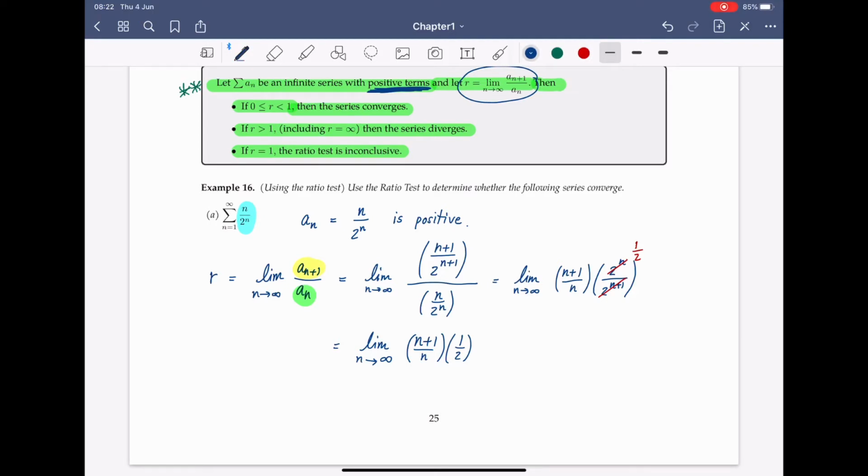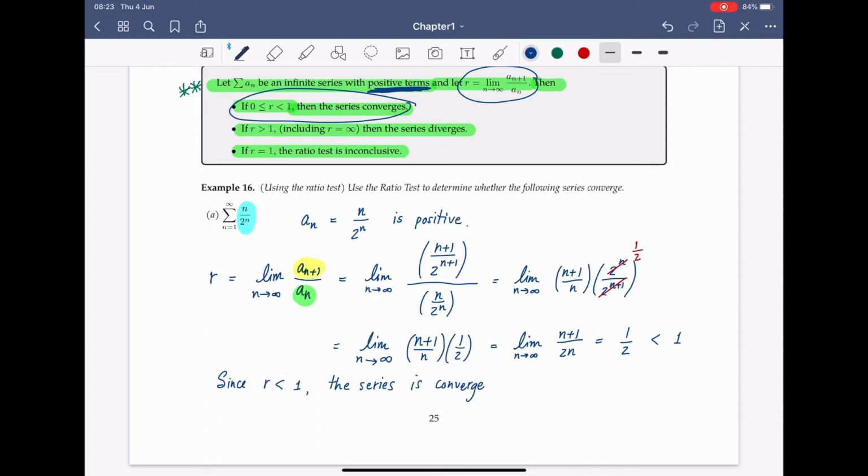It's the limit of (n+1) over 2n, and this is 1 half, which is less than 1. That means the series is convergent, because you can conclude from the statement that when r is between 0 and 1, the series is convergent. Since r is less than 1, this series is convergent.